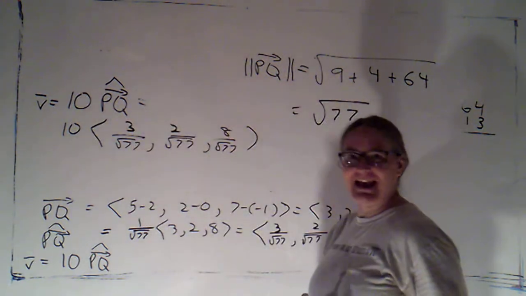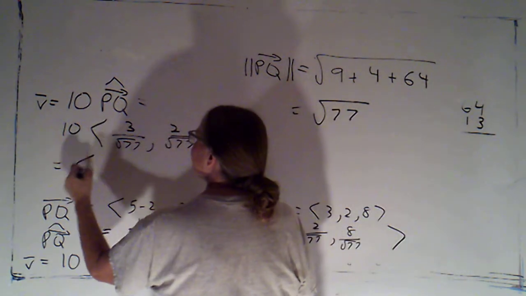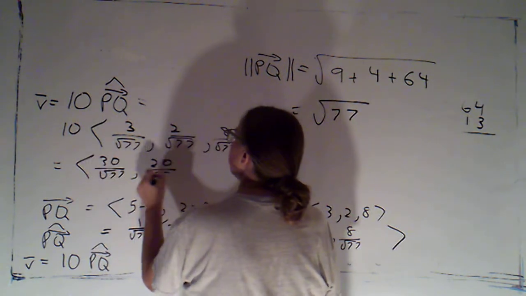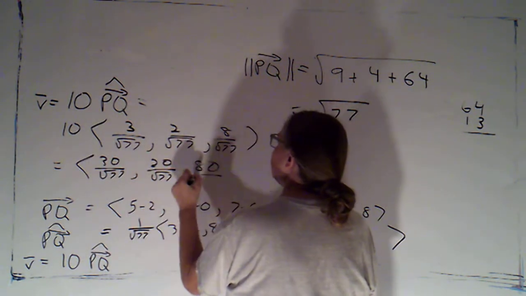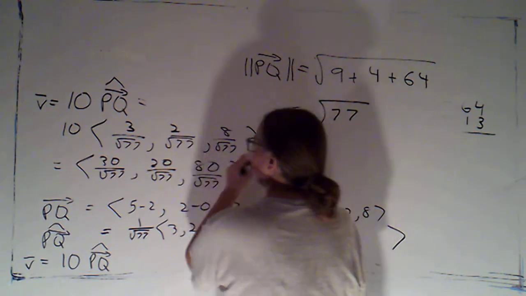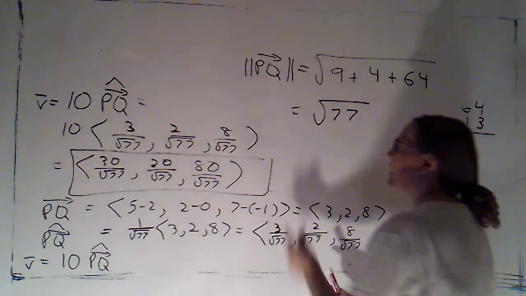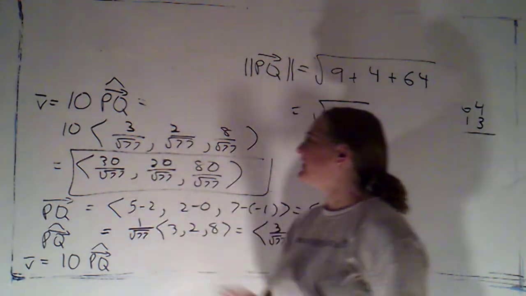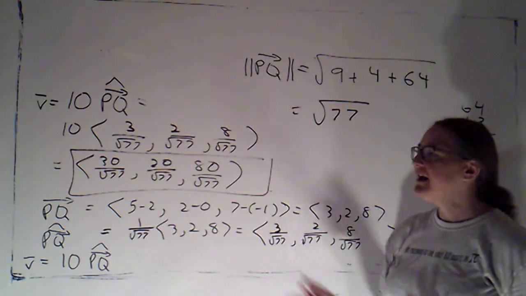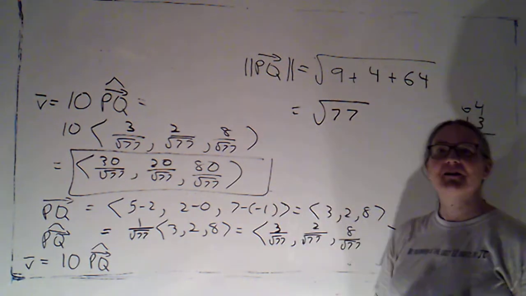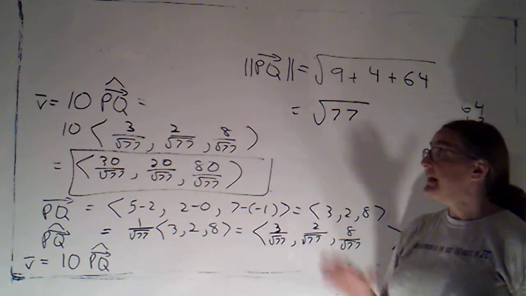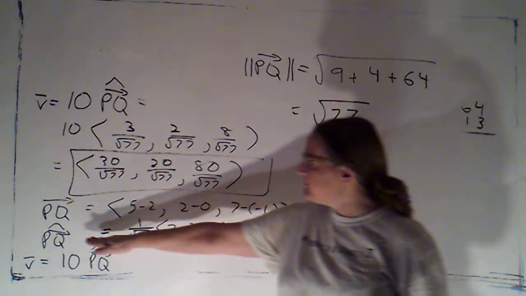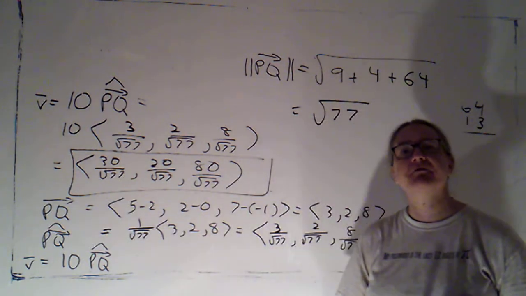And just doing that scalar multiplication is going to give me (30 over root 77, 20 over root 77, 80 over root 77). I'm going to stop there. I could certainly rationalize each of those components if I wanted to. In the interest of time, I think I'm going to stop here. But that just shows you how, even though my goal wasn't to end up with a unit vector, finding a unit vector as an intermediate step can often be very helpful.